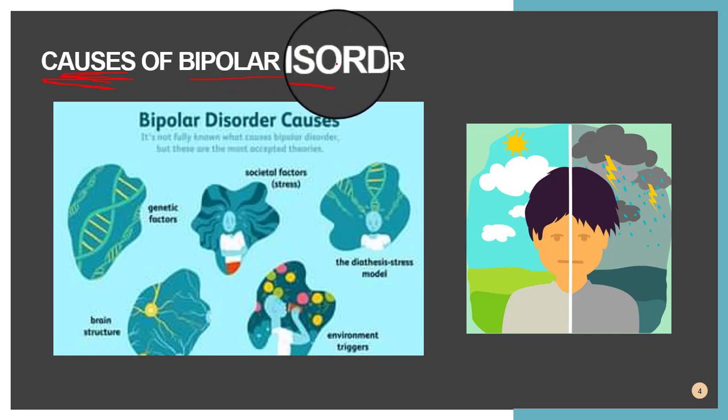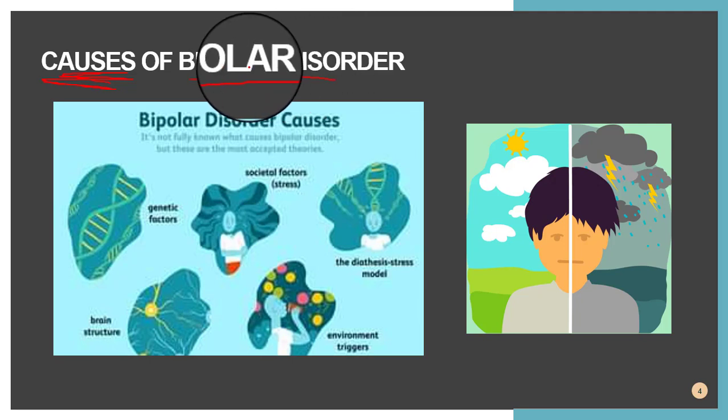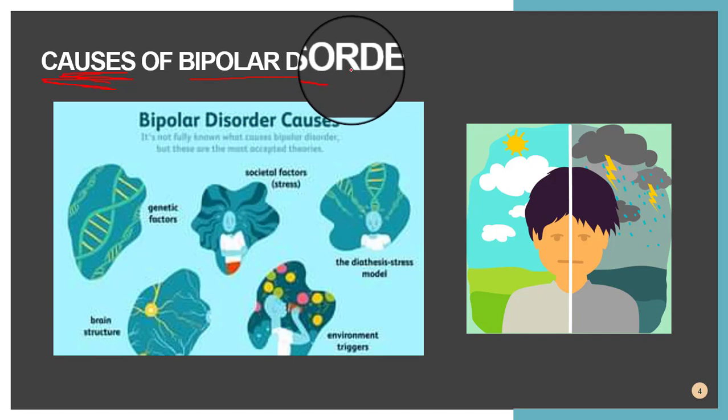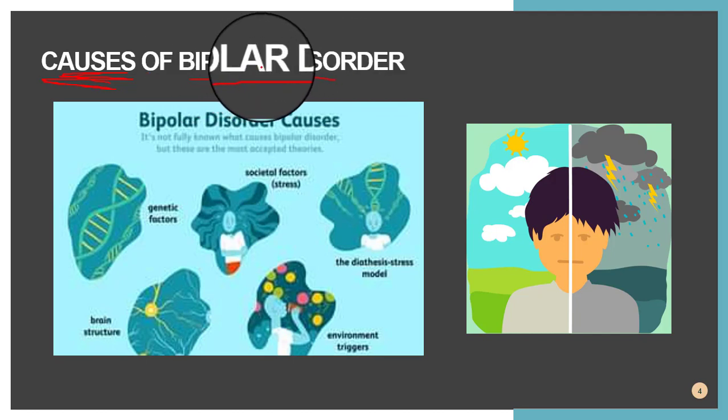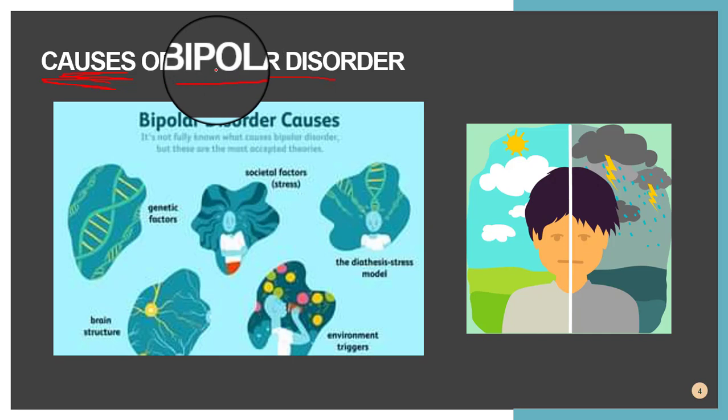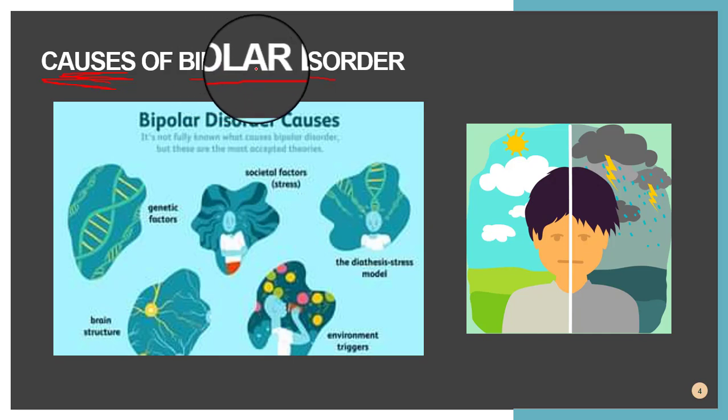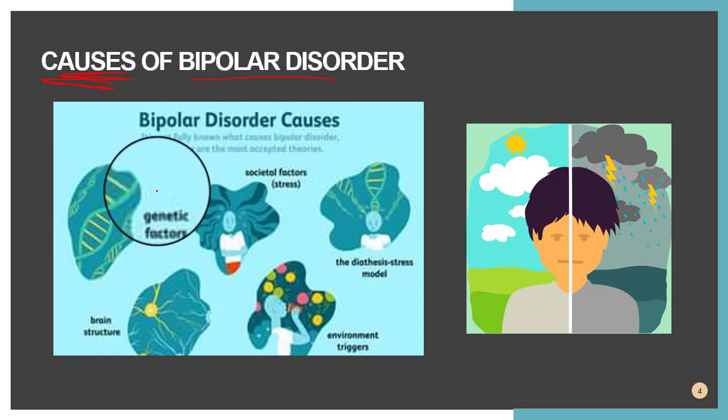It's a bit of a mystery for doctors and researchers, and it is not yet clear what exactly is the main cause that people develop this kind of condition. But the possible causes of bipolar disorder include: first, genetics.